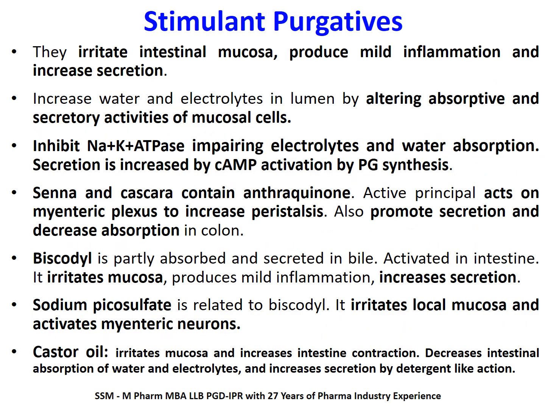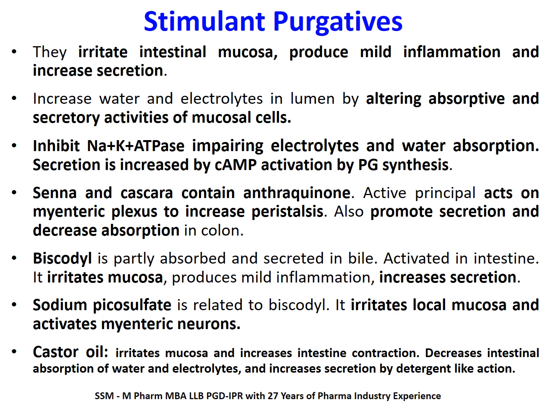Next class is stimulant purgatives. They irritate intestinal mucosa, produce mild inflammation, and increase secretion. They increase water and electrolyte in lumen by altering absorptive and secretory activities of mucosal cells. They inhibit sodium potassium ATPase, which impairs electrolyte and water absorption.